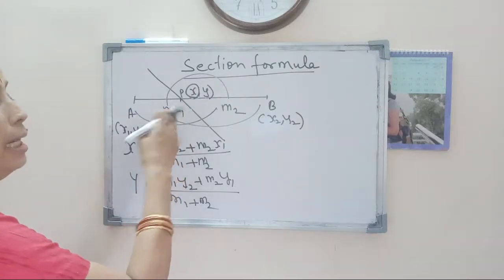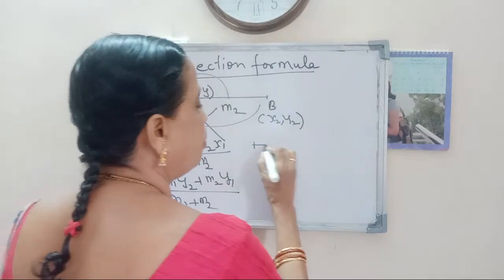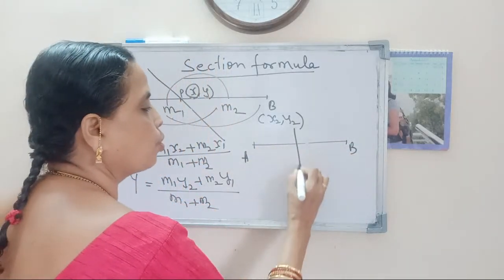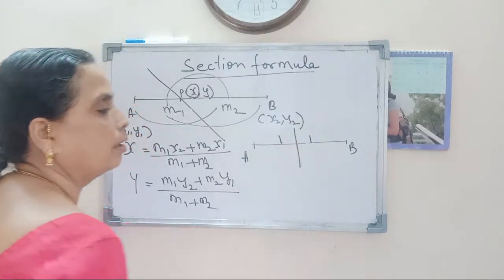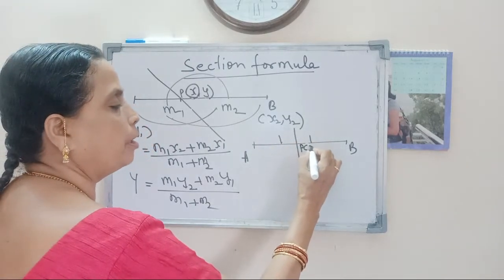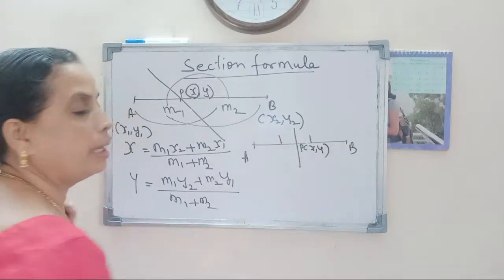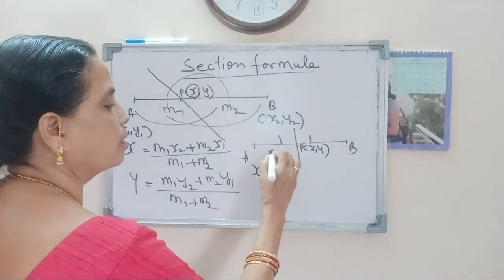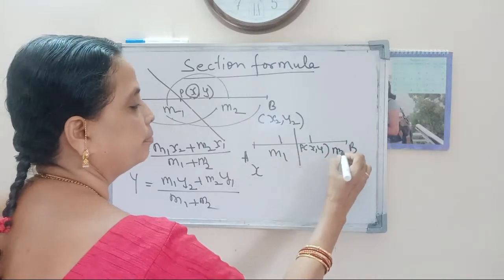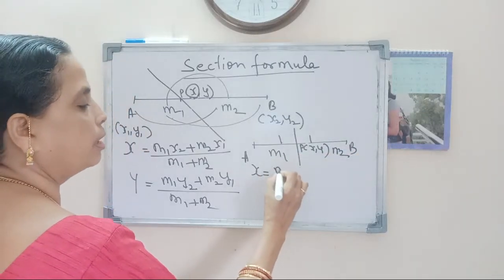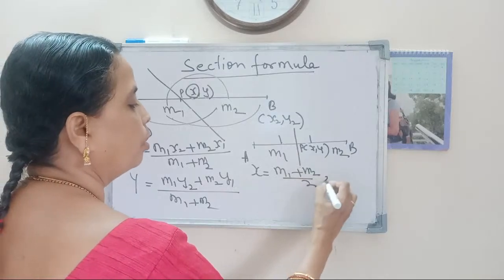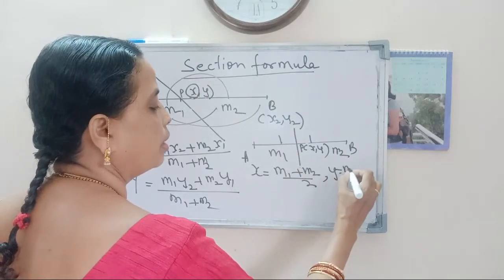Suppose a point divides AB in the same ratio 1:1, that means P is the midpoint of AB.